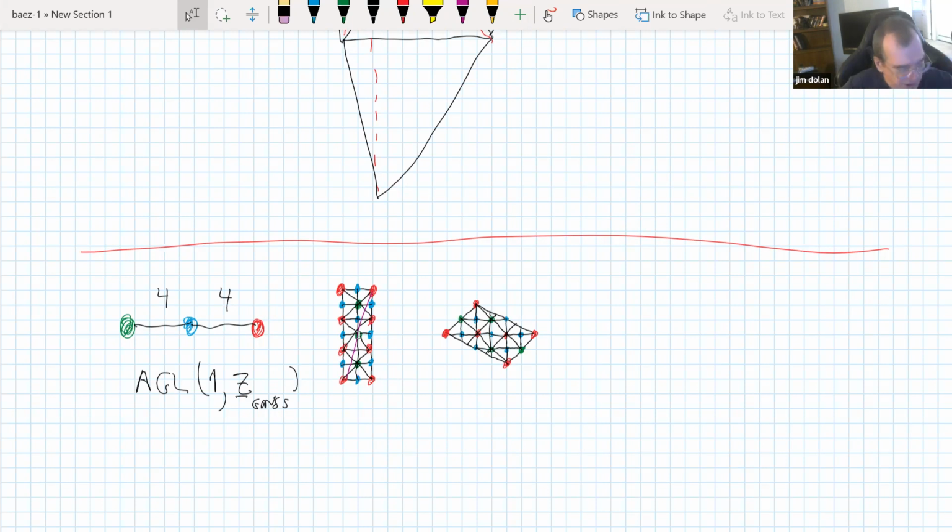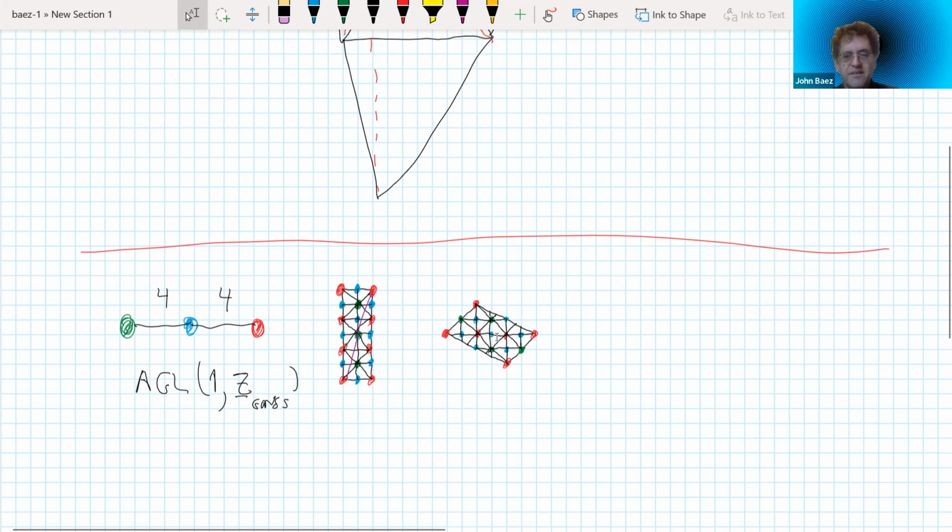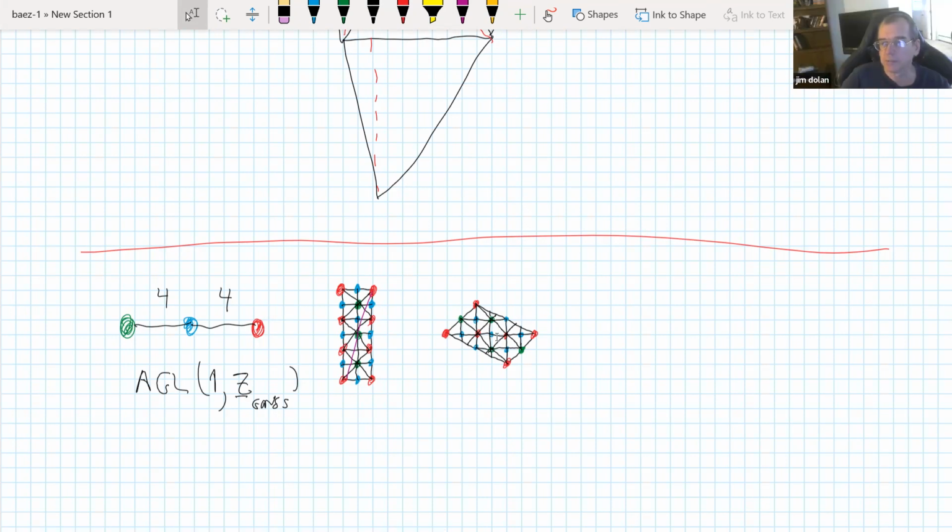The center on the left is green, the center on the right is actually blue. Is that right? Yep. But that's okay, because we're just using arbitrary fundamental domains that break the symmetry. So it shouldn't bother us too much that the one on the right has a blue center and the one on the left has a green center.